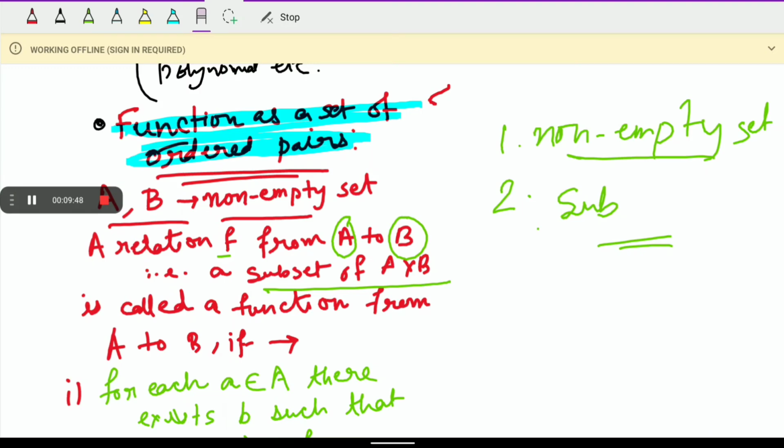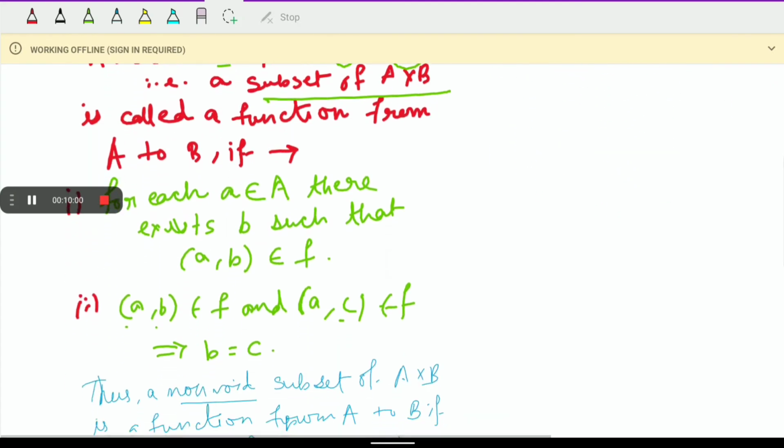Now there are also two conditions for being a function, which I already wrote down.